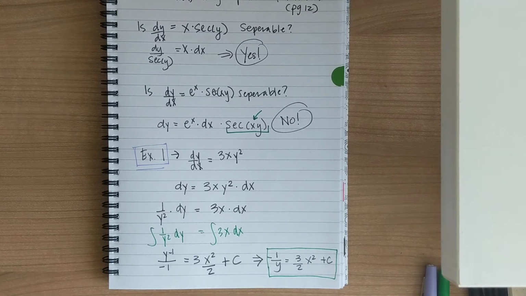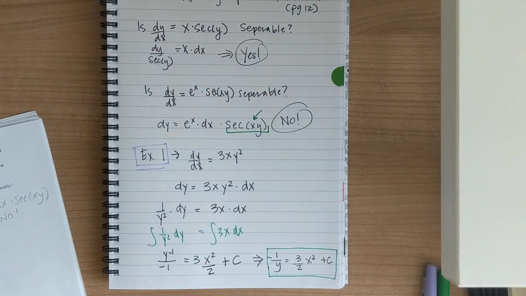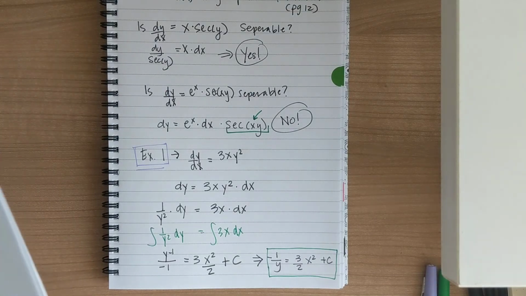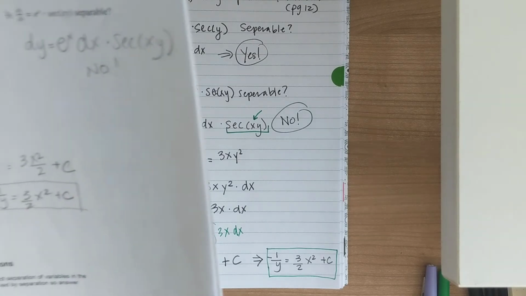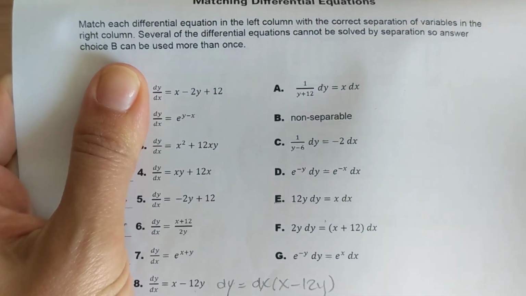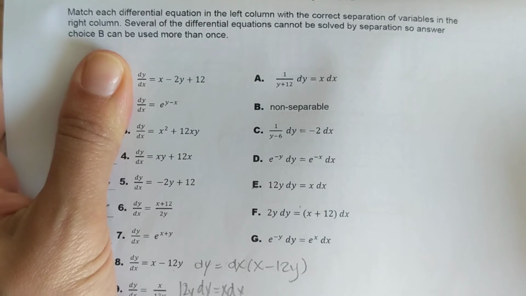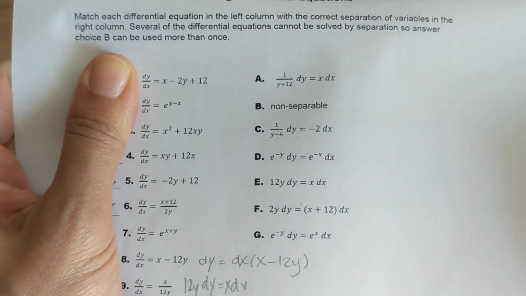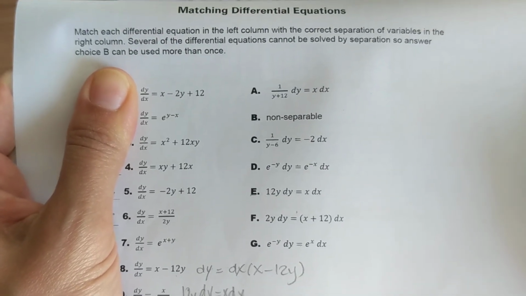All right, so you will notice on that same page that there is something where it says to match the differential equations with the general solution. If you don't have that, you can use this one I'm putting up right here, or remember this is on Google Classroom under Unit 7 Notes.